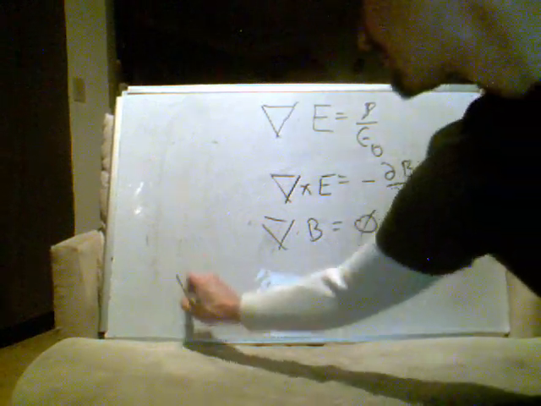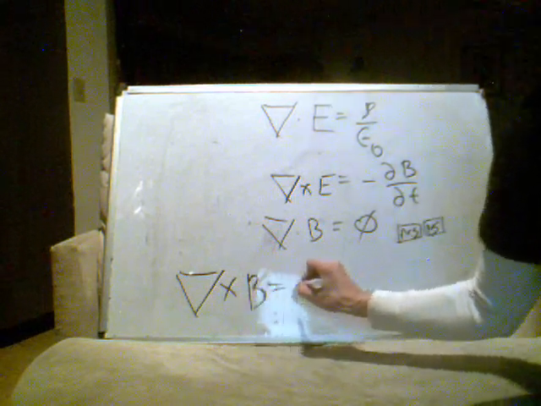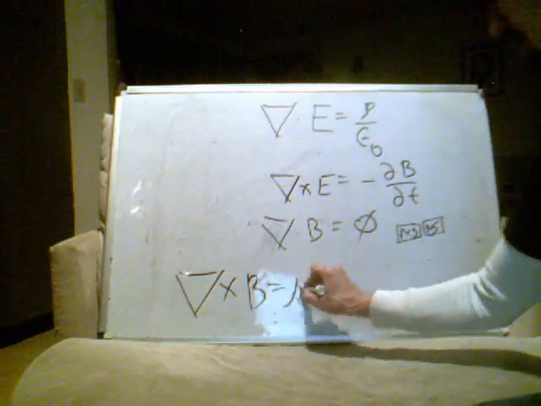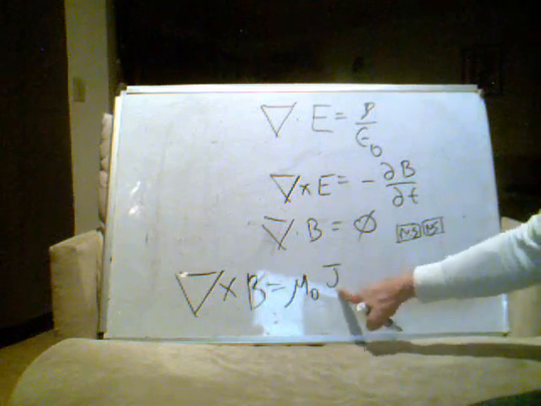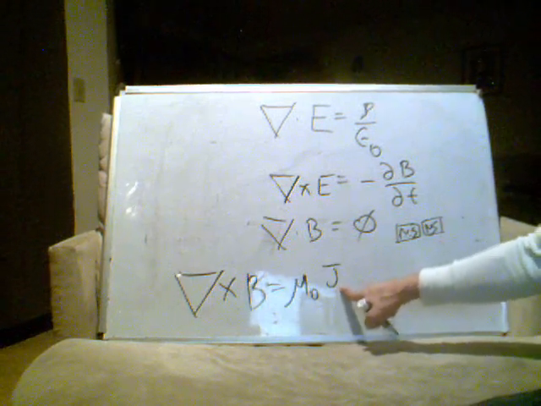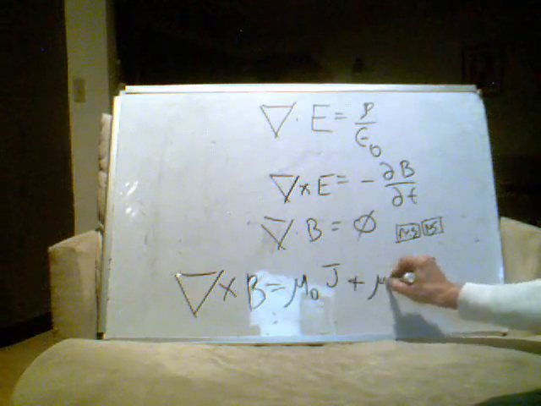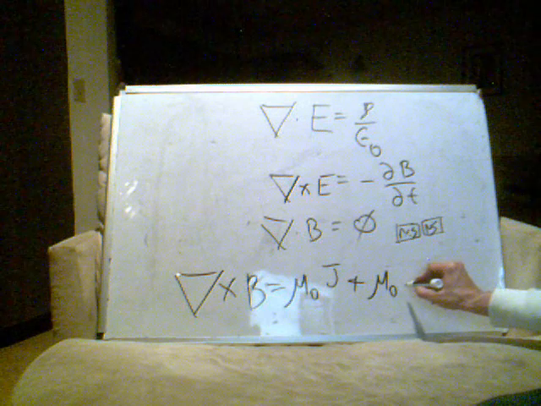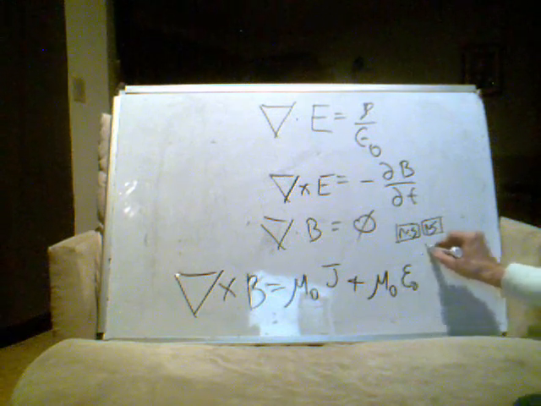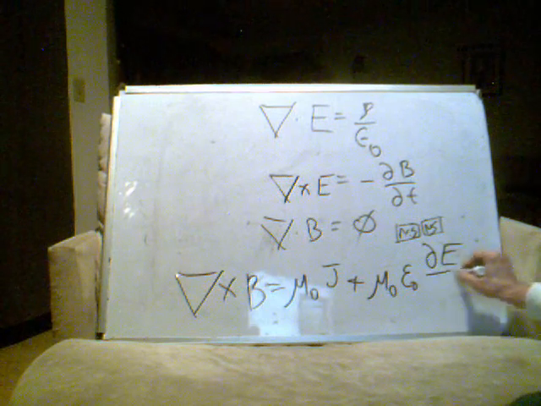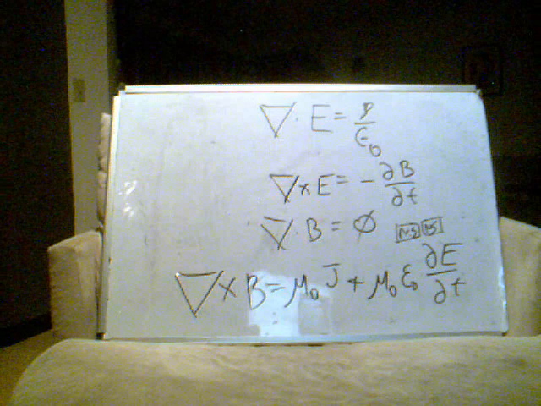Now the last one, the curl of the magnetic field is equal to the permeability of free space times the volume current, right? This is a current, plus the permeability of free space times the permittivity of free space times the change, or the time derivative, of the electric field.